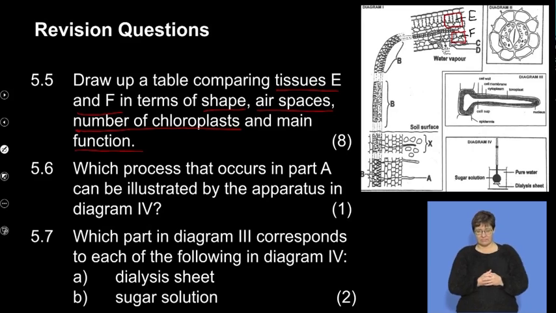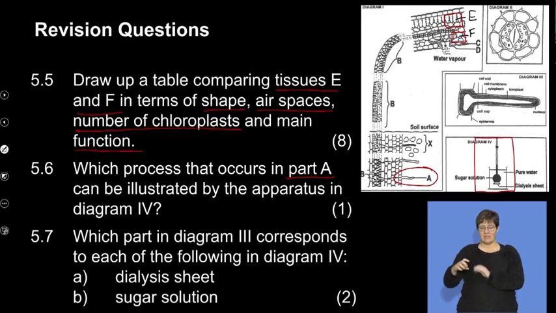The next question asks us to look at the process that occurs in part A, and here's part A, which is basically your root hair. Which process can be linked to the apparatus here? And the apparatus here is a diagram on osmosis. So the answer to 5.6 is osmosis.